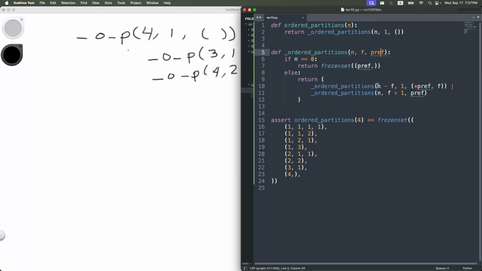So eventually we'll run out of n, and if n is equal to 0, that means we are able to partition n perfectly using positive integers, and we found a valid partition. So pref contains a valid partition, and we return a frozen set containing that single ordered partition.